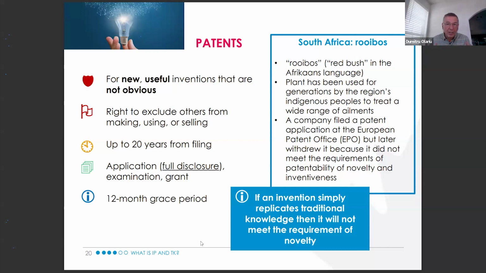So in general, you can get a patent for this kind of technological, scientific creations that are related to traditional knowledge, but they have to be new, useful, and inventive.